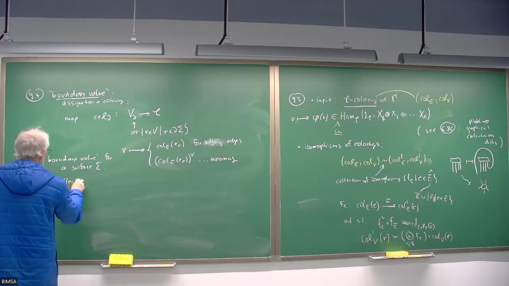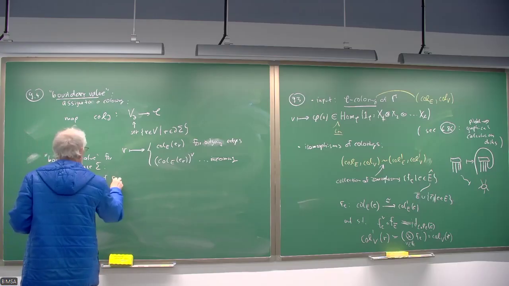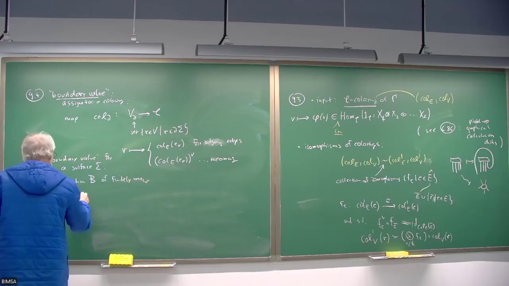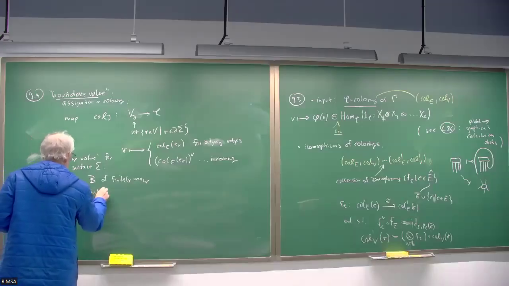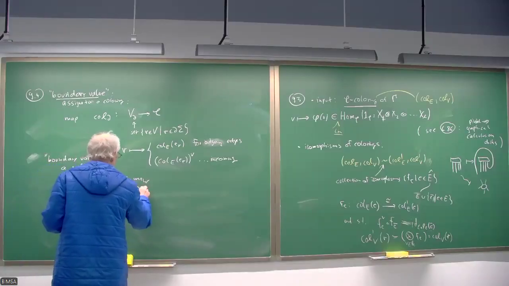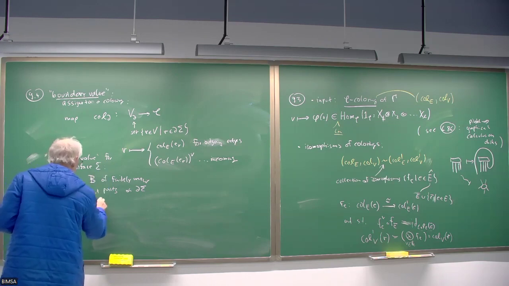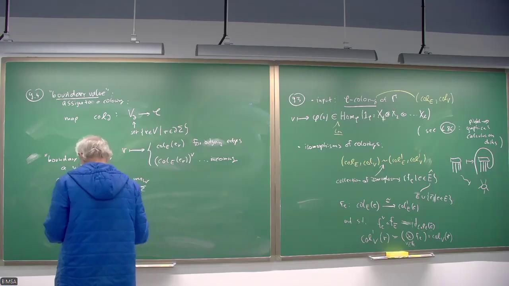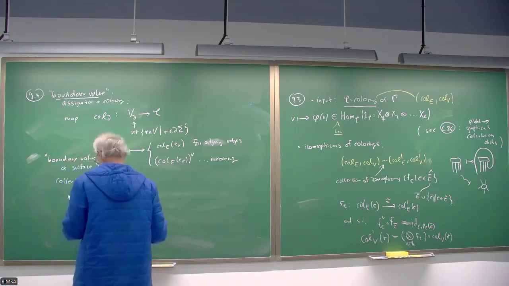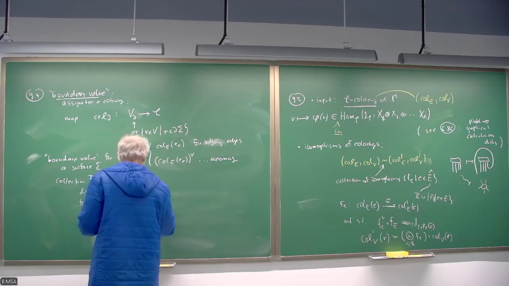So this is a collection, which I denote by B, of finitely many mutually distinct points on the sigma, together with a corresponding map, which I denote by B0.